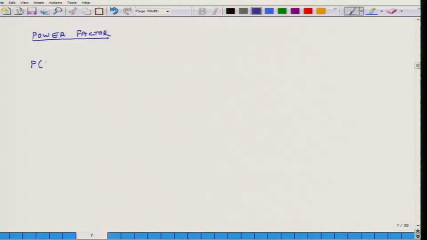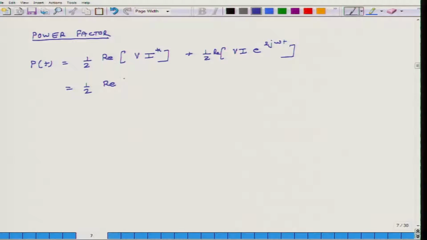So, we know that power is equal to half of real of V I star plus half of V I e^(2j omega t). So, this is equal to half of real of V, and I star is the ratio of complex voltage and complex impedance, their conjugates.